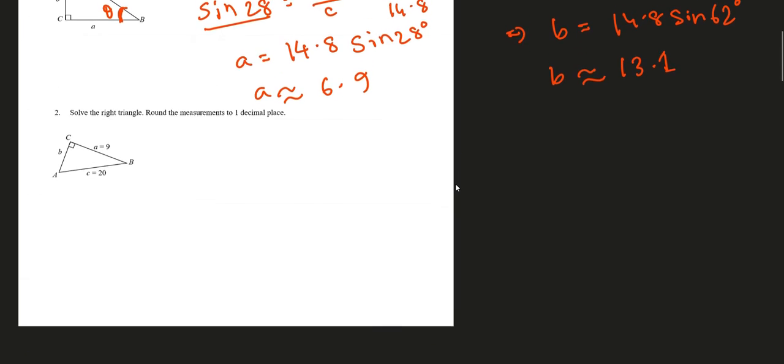Okay, so let's do the next problem. Solve the right triangle and round the measurements to one decimal place. So here you can see AB is given, that's 20, and CB or BC is 9. What we don't know are angle A, angle B, and the side AC.